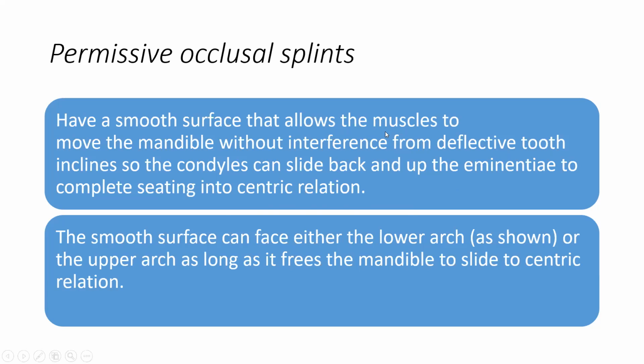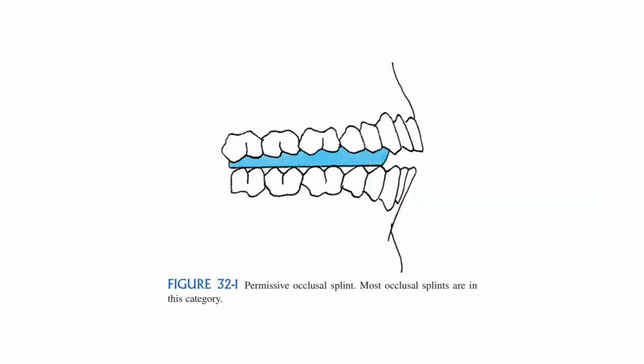And this permissive occlusal splint can be fabricated on either the maxillary or the mandibular arch, and it has a flat occlusal plane, so that the mandible can slide back and forth up to the articular eminence, so that the condyle can sit into the centric relation.